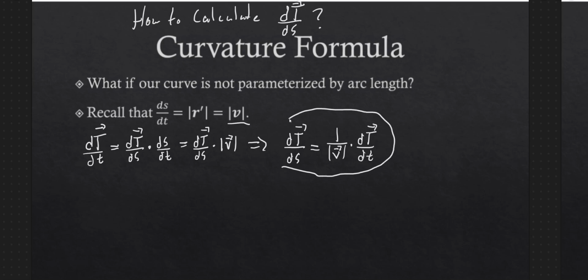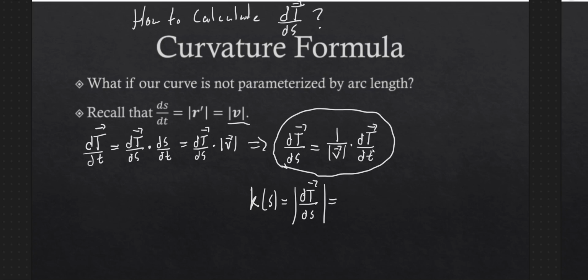So this is our best way to calculate curvature. Remember, curvature with respect to arc length is the magnitude of dT/ds.